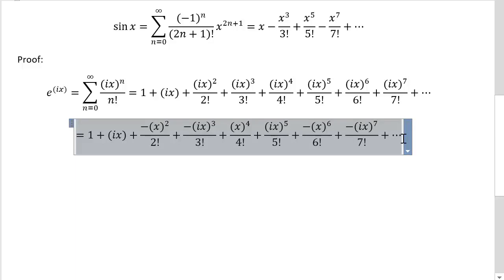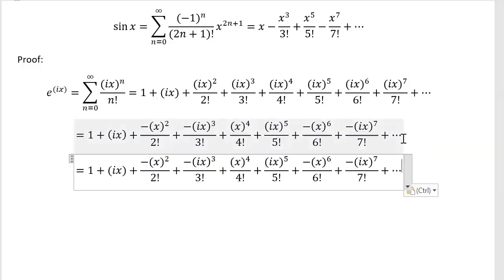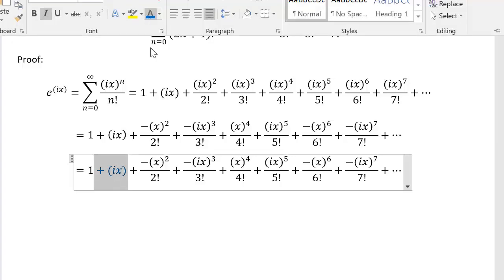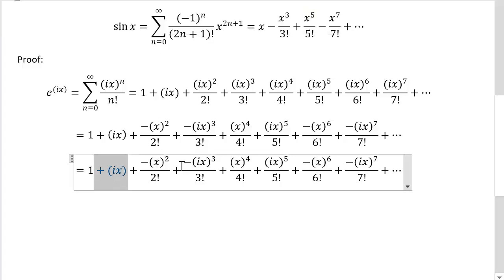We can see that some of our terms have i's and some of our terms don't. So let's see. What we could do maybe is highlight or change the color of the terms that have i's in them, and then we'll do something with that.